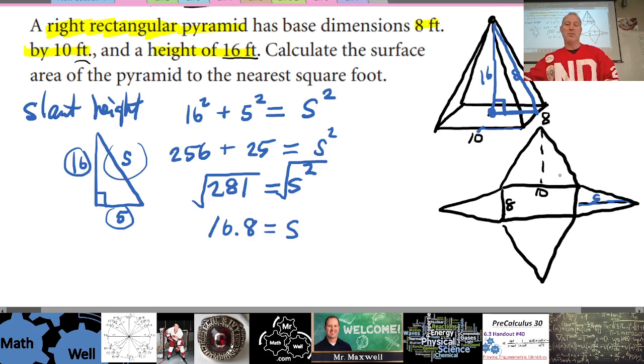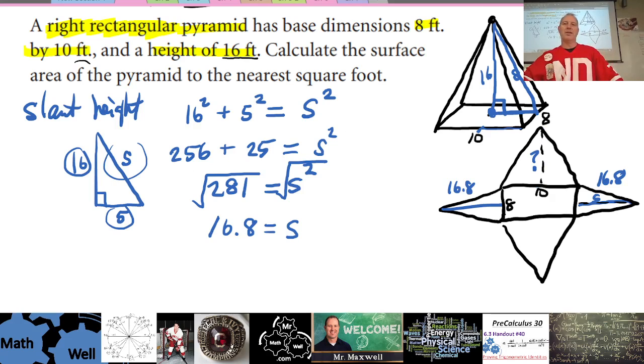Now there is going to be another slant height that I don't know, and guess what? This one's going to be a little bit different. So this is 16.8 for this slant height, and this is also 16.8. But this one is going to be a little different because I have different numbers here. So let's calculate the second one.